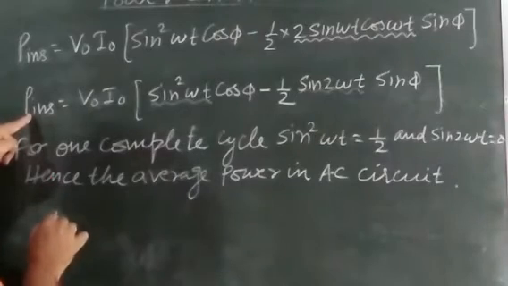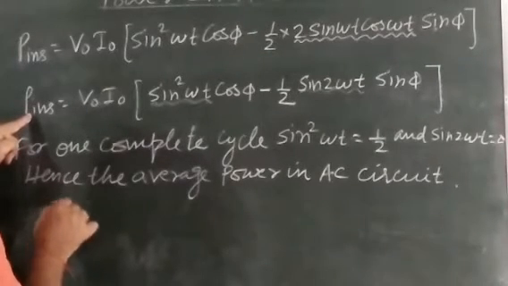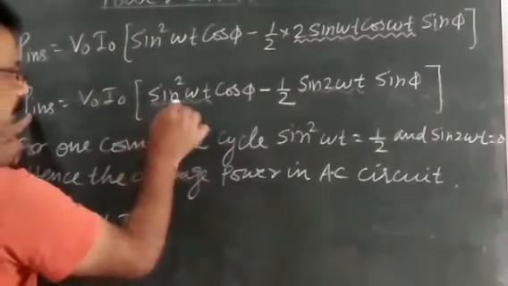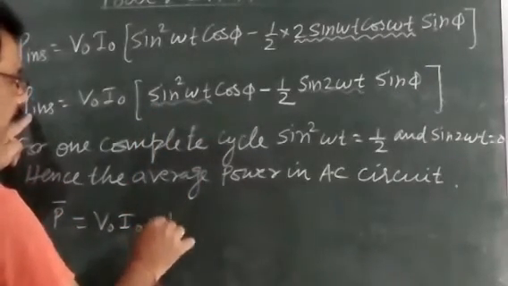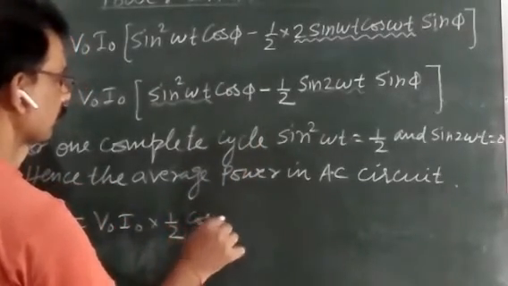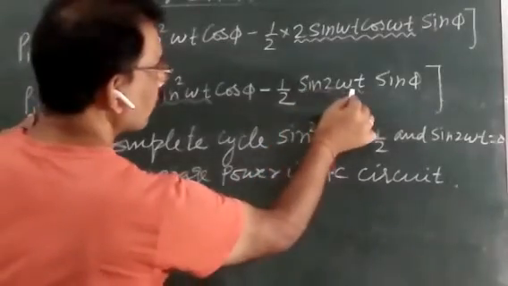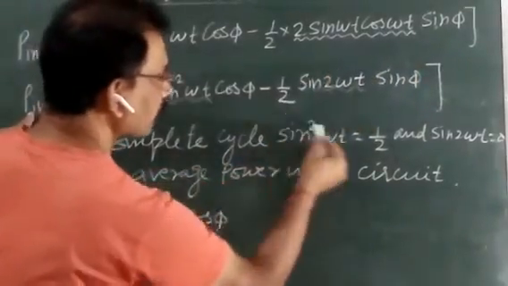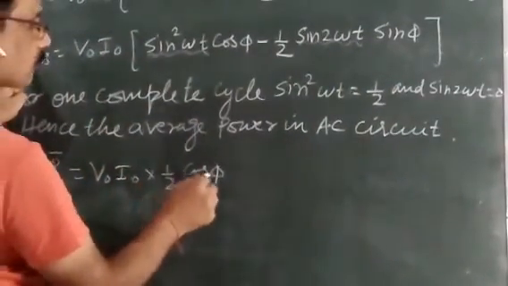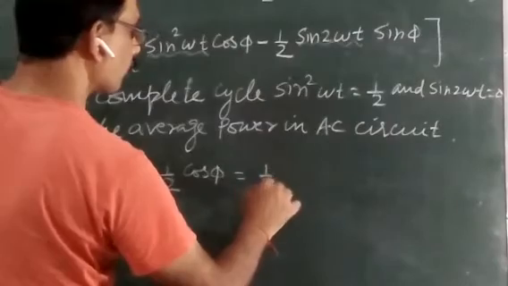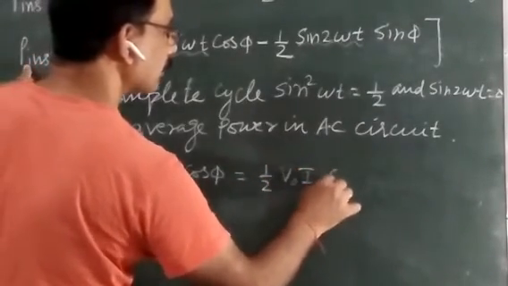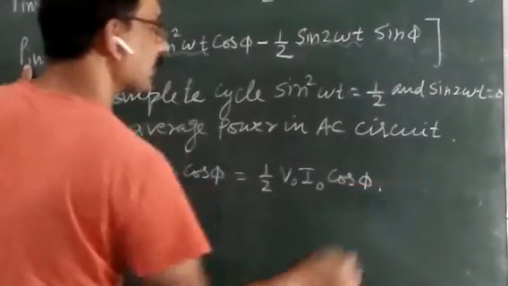So you can say average power P is equal to V naught I naught, in place of sine square omega t you will write 1 by 2, and this one is cos phi, while sine 2 omega t is 0, so this whole term becomes what here? 0. So you will get only V naught I naught into 1 by 2 cos phi. Or simply you can say 1 by 2 V naught I naught cos phi.